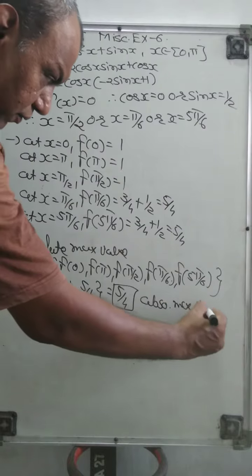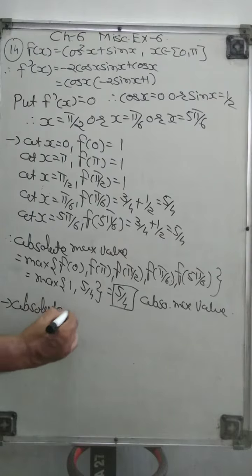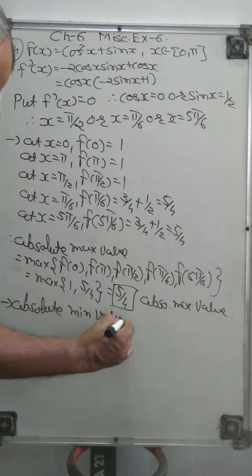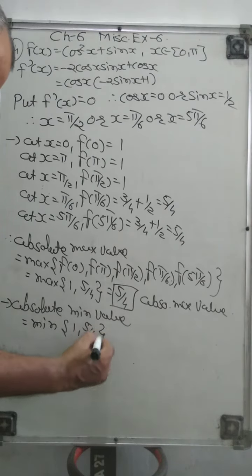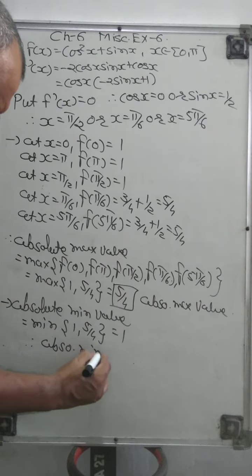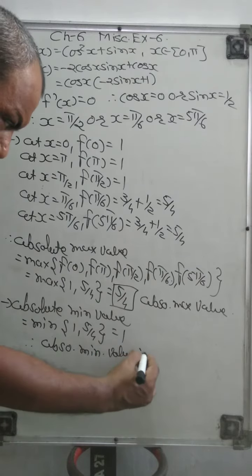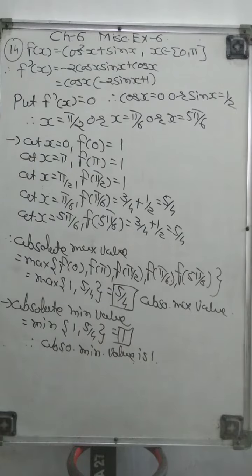Now for the absolute minimum value, we find the minimum of 1 and 5 by 4, which is 1. Therefore the absolute minimum value is 1. So 1 is the minimum value and 5 by 4 is the maximum value of the given function, right? So this way we can find the absolute minimum and maximum value of the function.